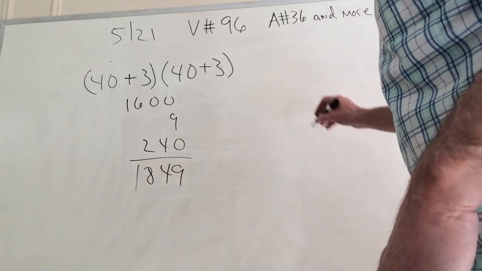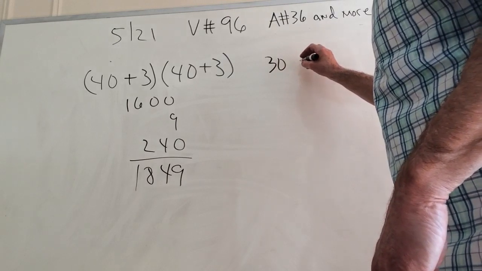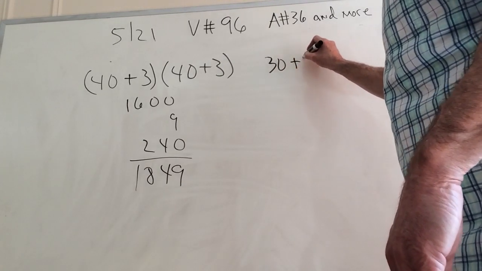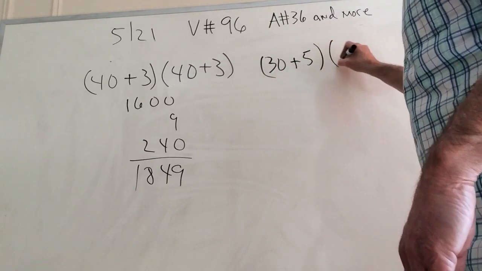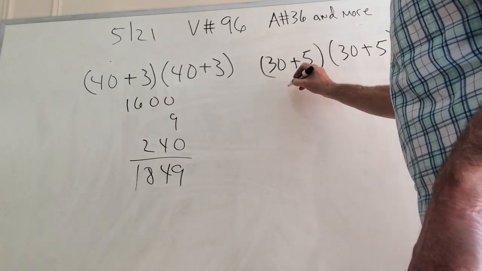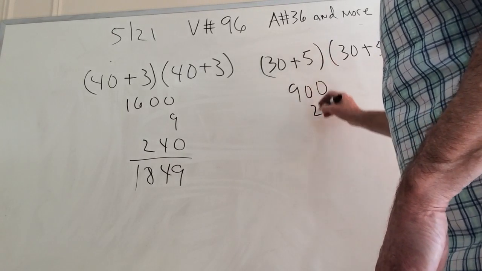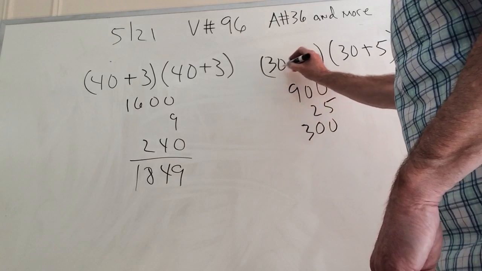And what's the next one? 35 squared. So because I know I'd rather add than subtract, if no other reason, I rewrite 35, and that means I got 900, 25, and then 300. Am I going to do that right, guys? Yeah.